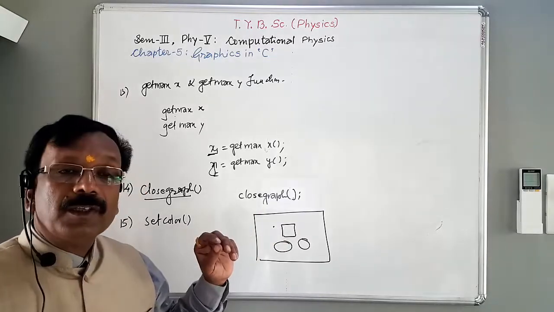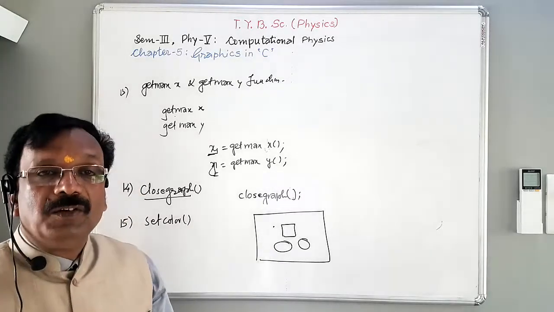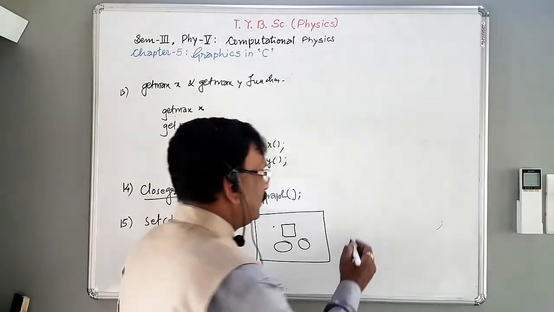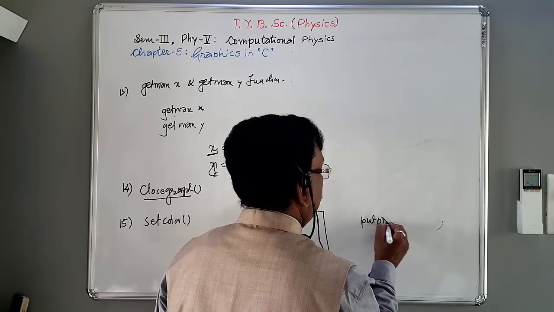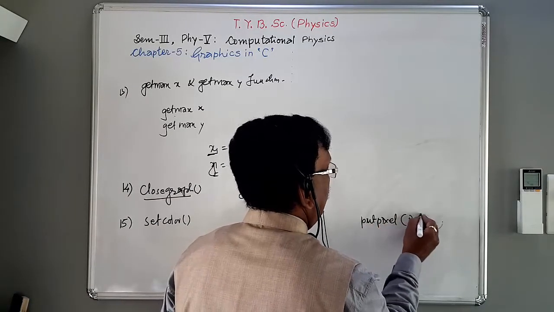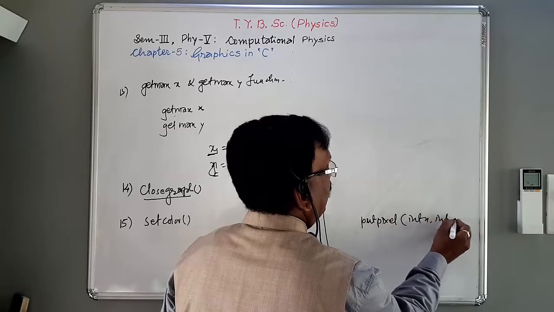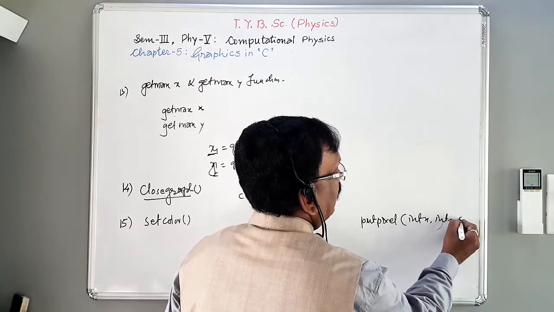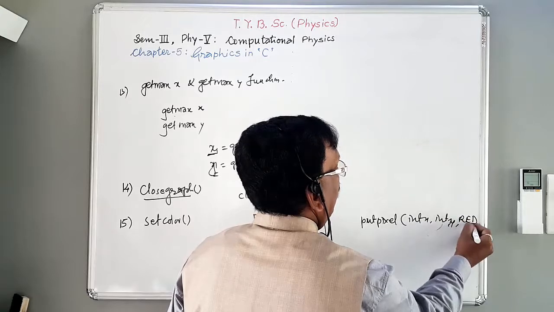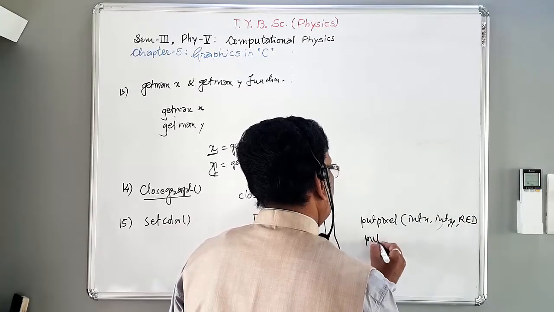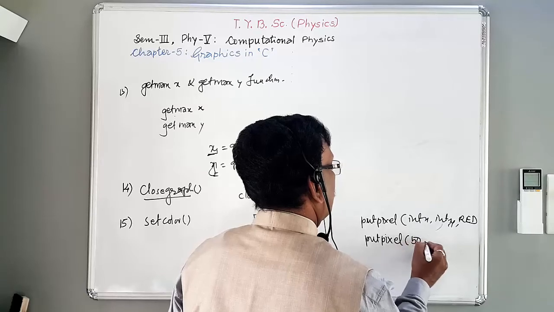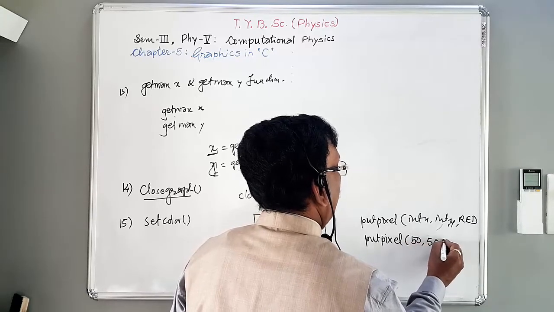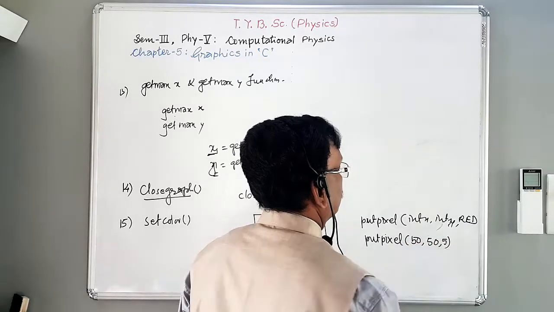Suppose we want to obtain a red color pixel on the computer screen, then obviously put pixel, integer x, integer y and color, suppose red, and for example put pixel 50, 50, 5.